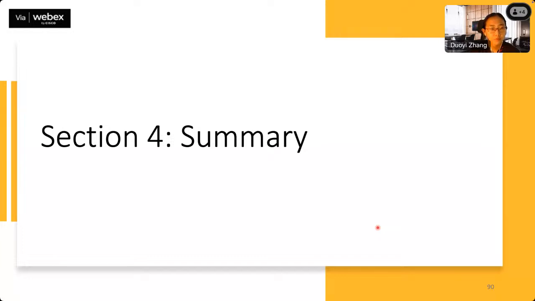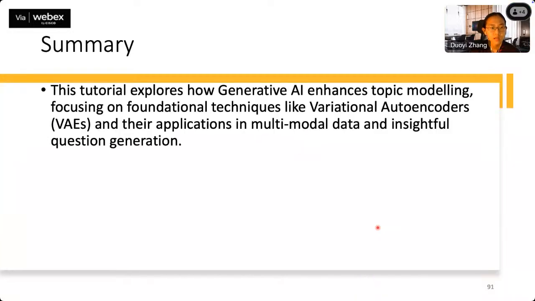And before we dive into the tutorial section, I'm going to summarize this course. So basically, this course explores how Gen AI enhances topic modeling, focusing on foundation techniques like VAE and their applications in multimodal data and insightful question generation.